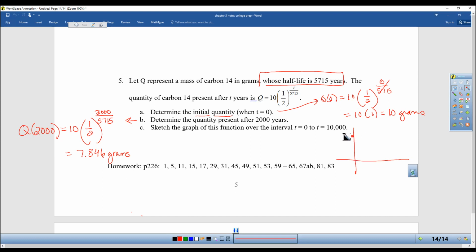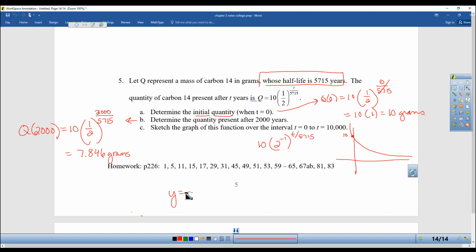So at 0, we're up at 10. And it is, like the other one, going to be a downward curve like that. Why is that? Because fractions are the same as negative exponents, and negative exponents are going to be decreasing.